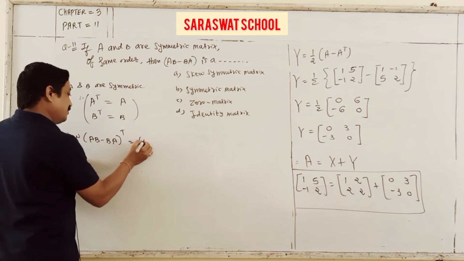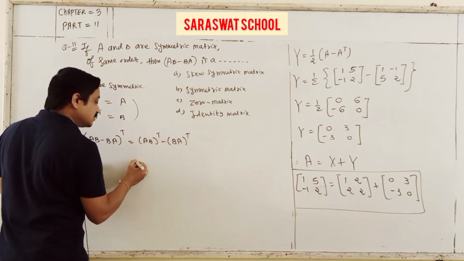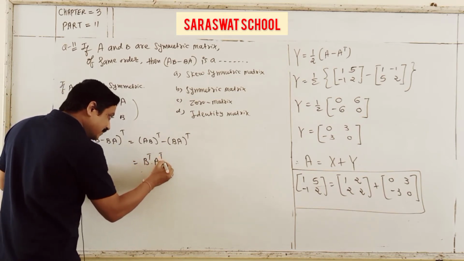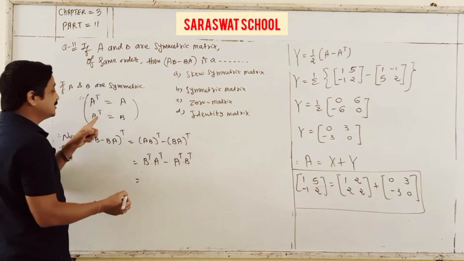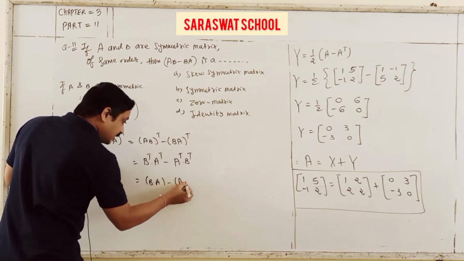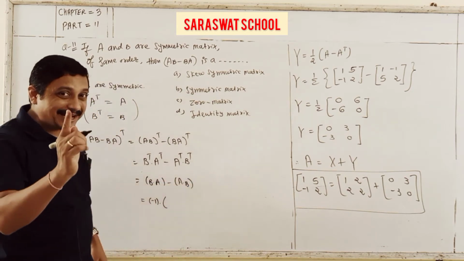So AB minus BA transpose, by the property, is B transpose A transpose minus A transpose B transpose, and B transpose is B, A transpose is A. You just subtract, taking minus 1 common.